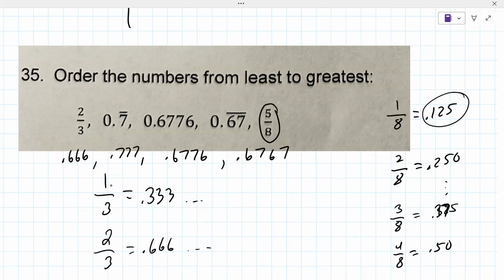So it would become 0.625? Yes. 0.625. Okay, that should be enough to put these in order from smallest to largest.